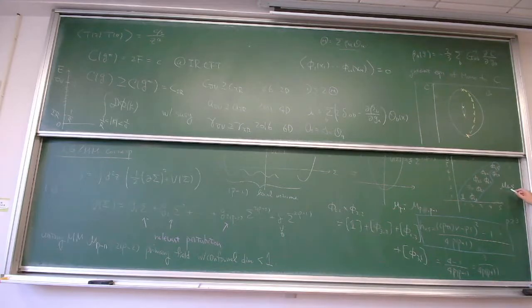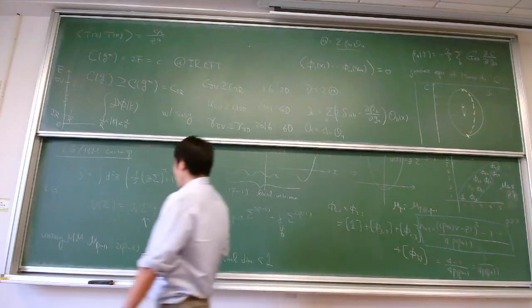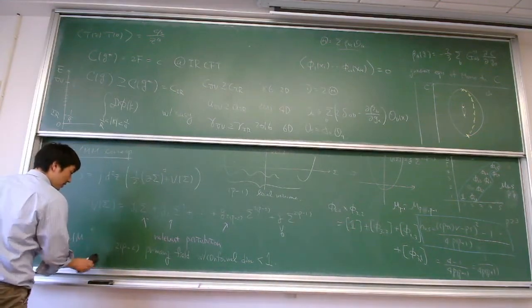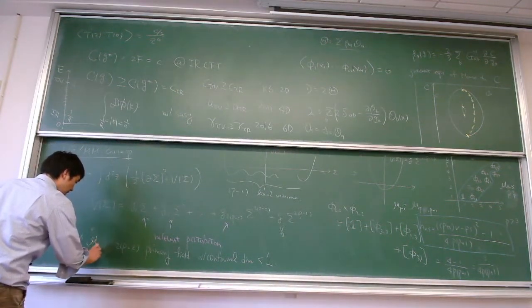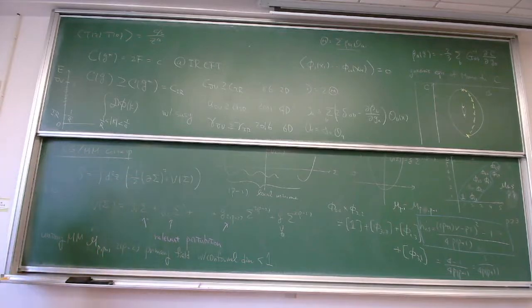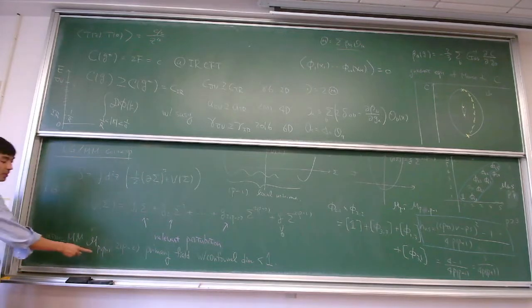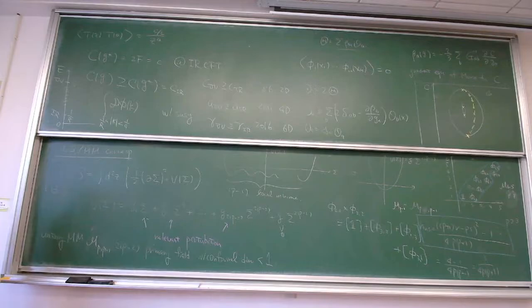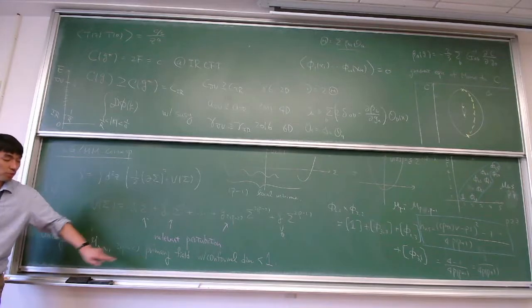I call this P prime, and this is P. So maybe I should call it MP and P minus 1. So MP, the unitary minimal model with P and P prime, has 2 times P minus 2 primary fields.